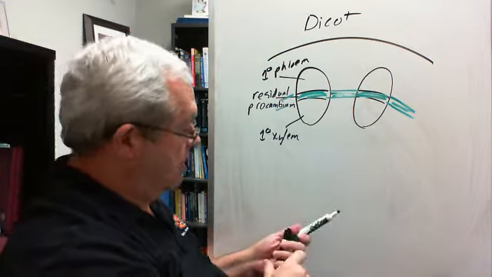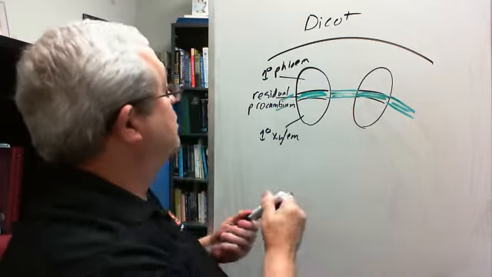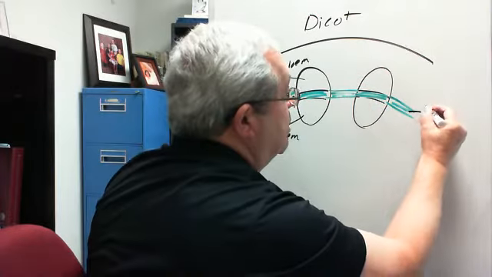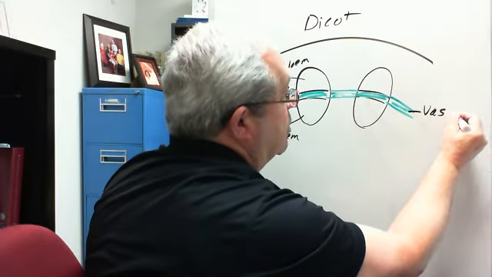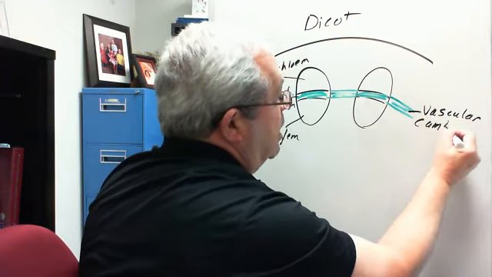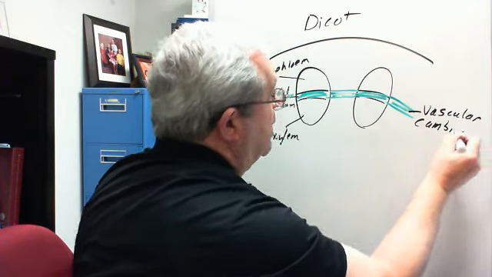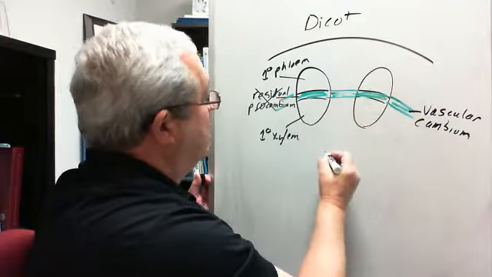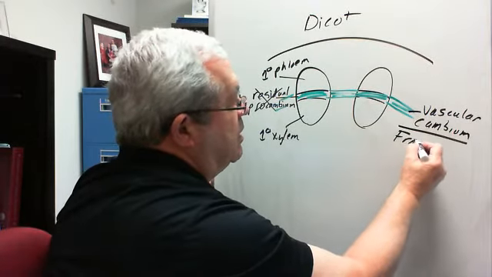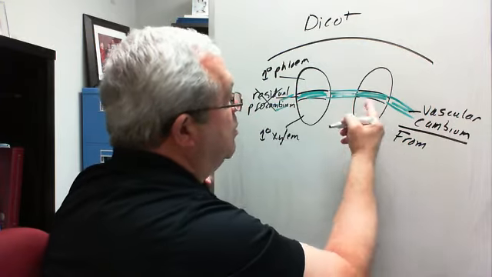And so we're now going to say we've got no more residual procambium. We're going to call this the vascular cambium. The vascular cambium. And what did it develop from? It differentiated from what? Two things.